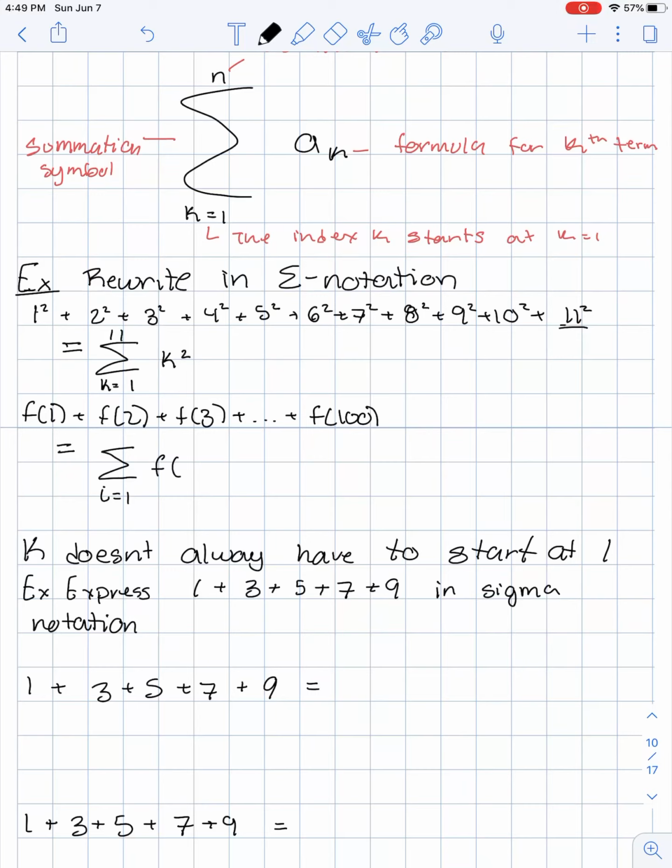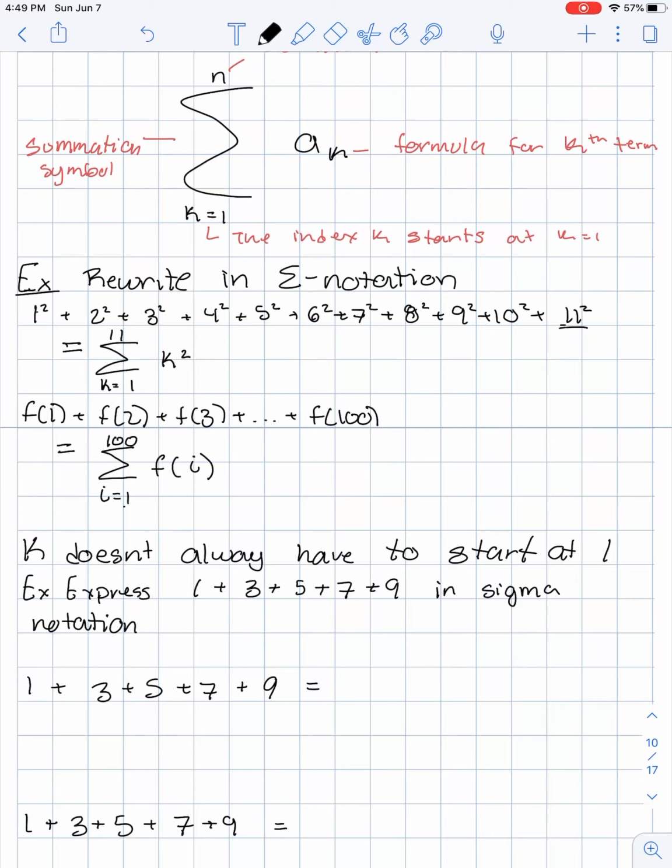I don't know what that is, but I'm going to plug in f of 1, f of 2, f of 3. So I'm going every integer, that's good. My index can only go every integer. So we can do f of i. My first term, I'll plug in 1, then 2, then 3, all the way up until I get to 100. And that's how I got that top number.